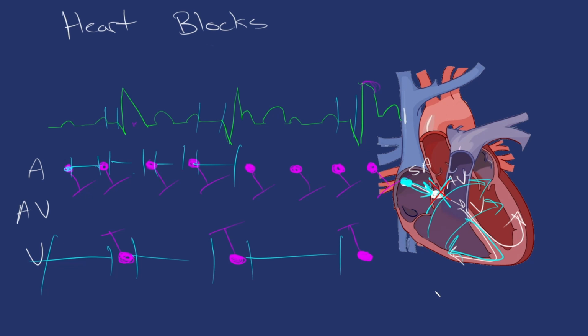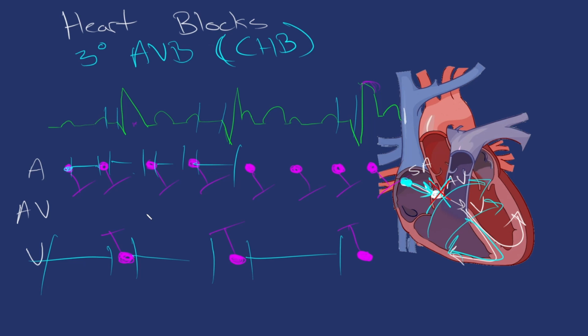This is complete dissociation, or a complete heart block, also called a third degree AV block. And the poem, again, the way to remember this one is, if your P's and R's don't agree, you have yourself a third degree. This can happen for multiple different reasons.